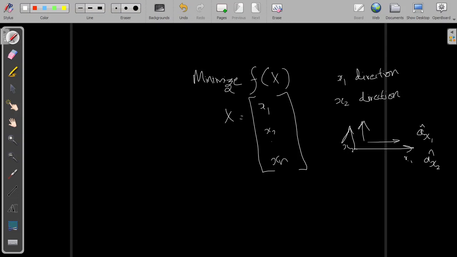So if x consists of n variables, x1, x2, etc., xn, then we have n directions.